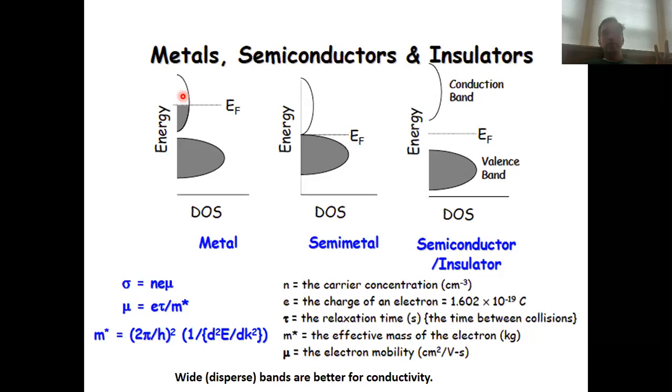So you have many excited electrons that can freely move through your band, and therefore electronic conductivity results. Whereas when you have a wide band gap, it takes a lot of energy to excite electrons from your valence band into an excited state in the conduction band. So you have far fewer electrons available that can move freely through the conduction band, and therefore your electronic conductivity is small. And as a semi-metal, you have an intermediate case.